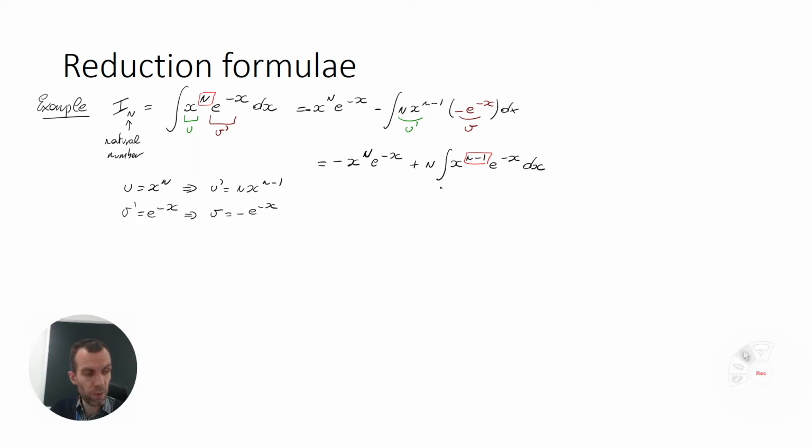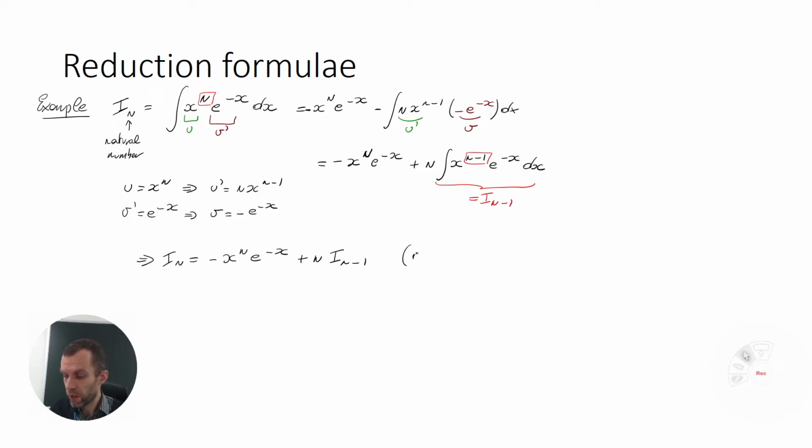And so what we can do is we can write this integral as just I sub n minus 1, and from that I basically get that the thing that I started from, I sub n, is minus x to the power n e to the minus x plus n times I sub n minus 1.